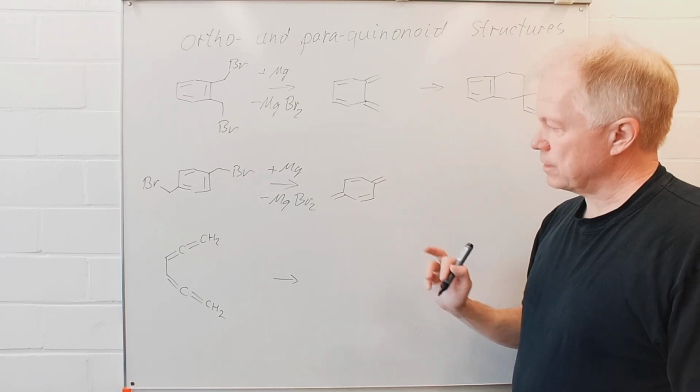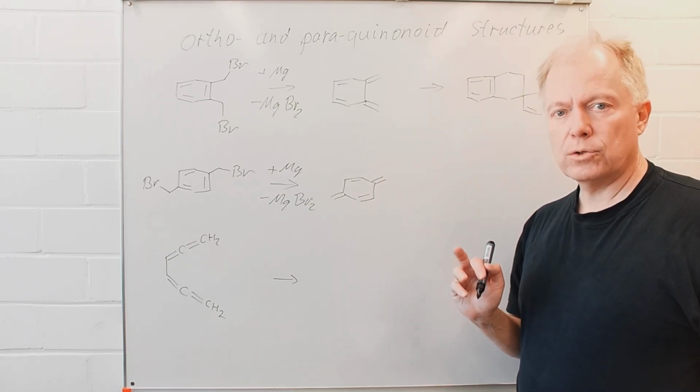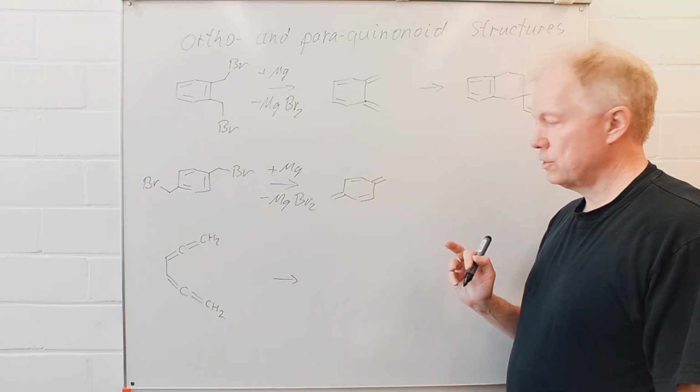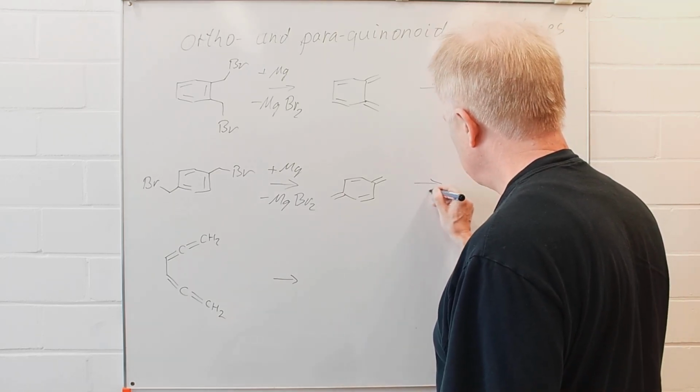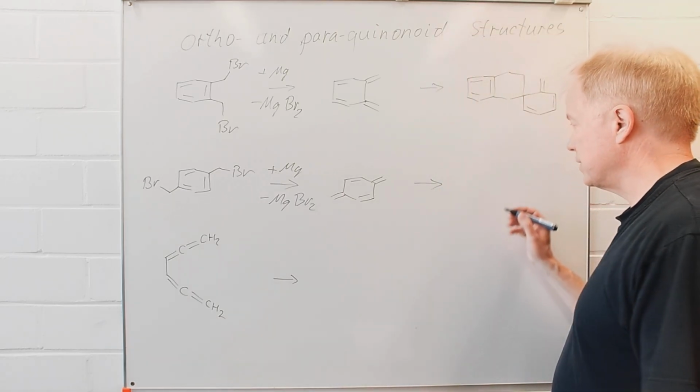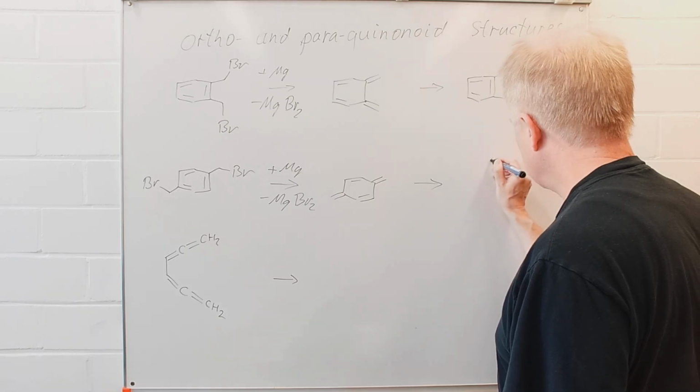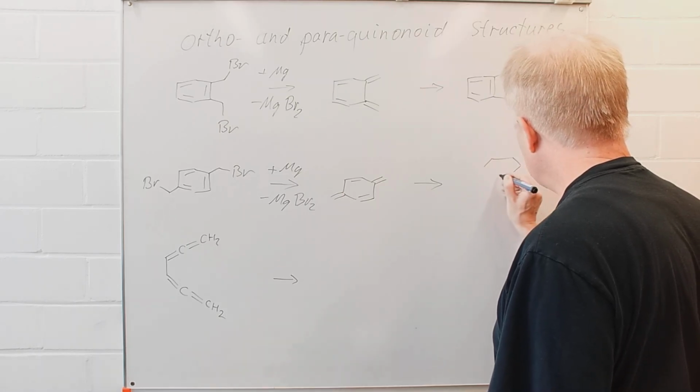The paraquinonoid structure can also dimerize to an interesting compound, the 2,2-paracyclophane. Let's draw it.